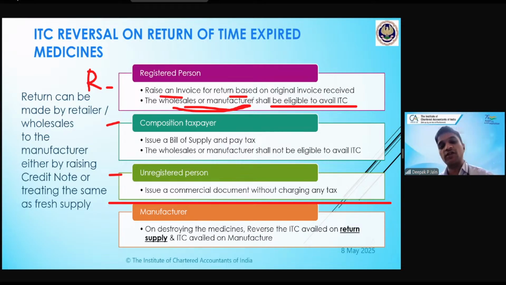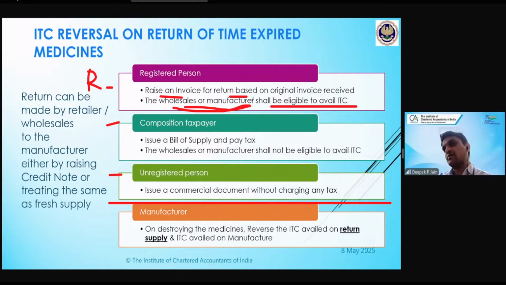So what is the time limit for issuance of credit note? The time limit for issuance of credit note is the same, 6 months from the end of the financial year. By 30th September, you can issue a credit note.